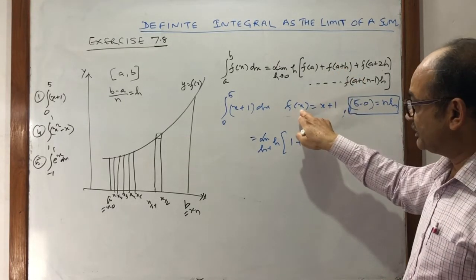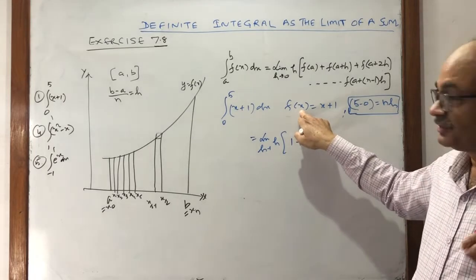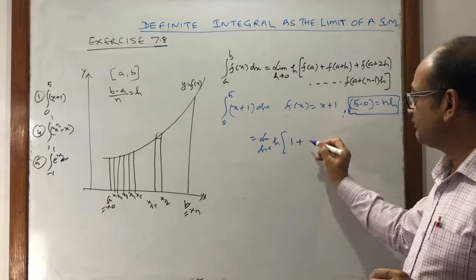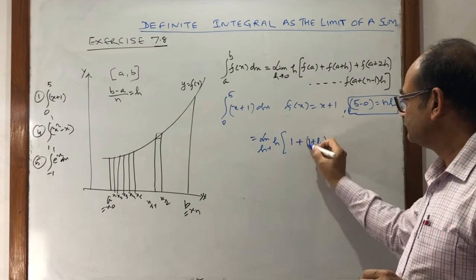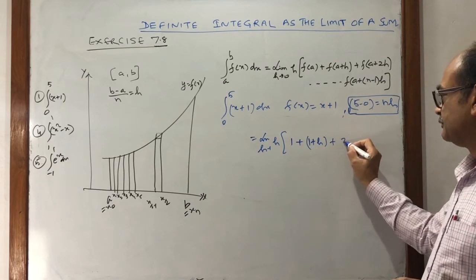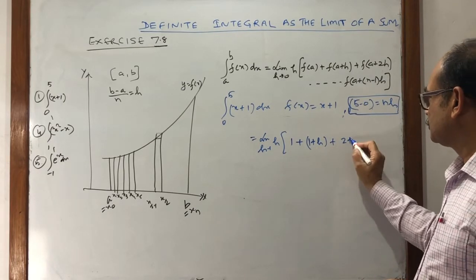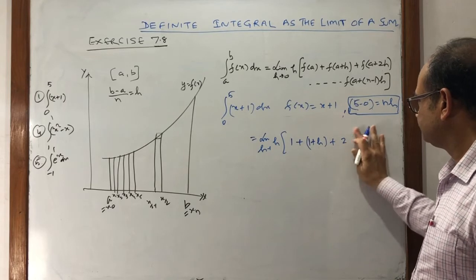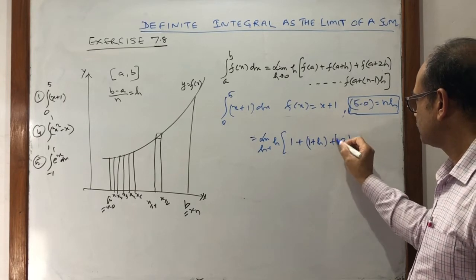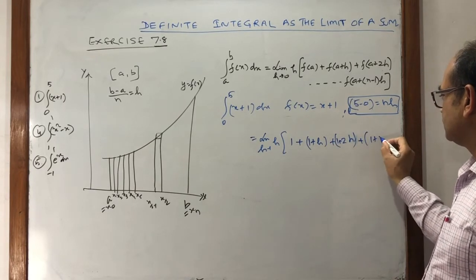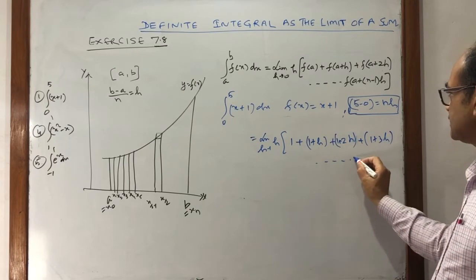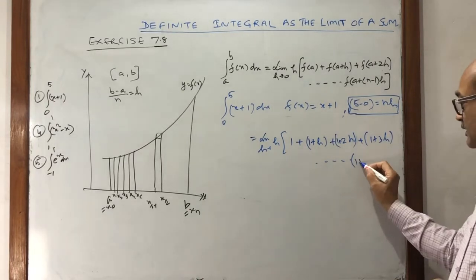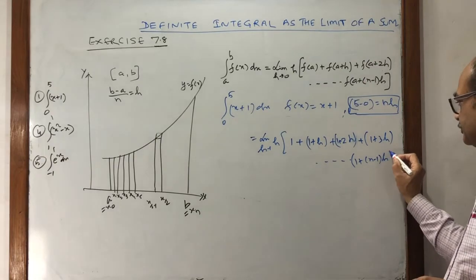Substitute here a plus h, that is 0 plus h. If you substitute here 0 plus h, what will we get? 1 plus h. Similarly the next, 2h plus 1. Third one 3h plus 1, and the last one 1 plus (n minus 1) into h.